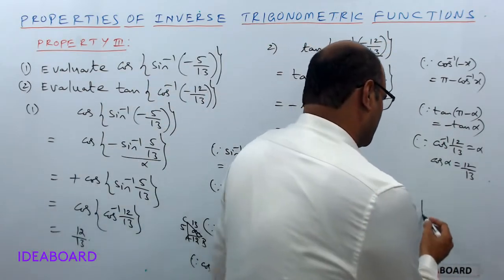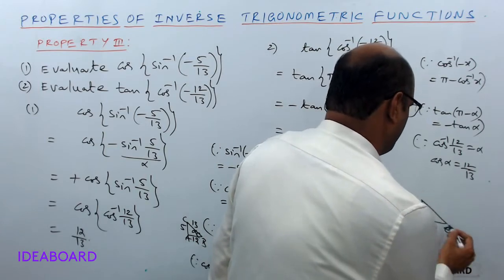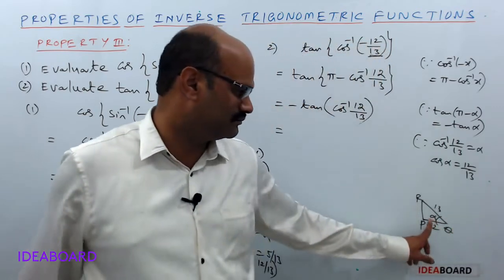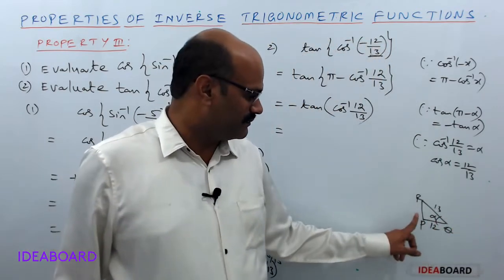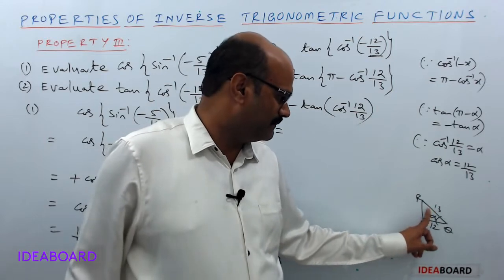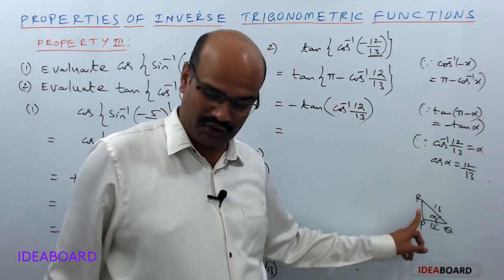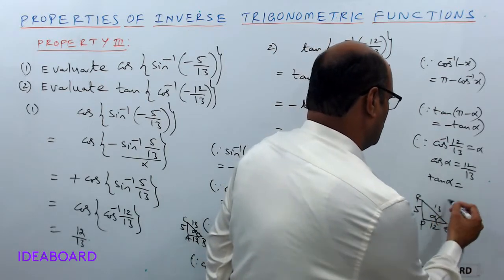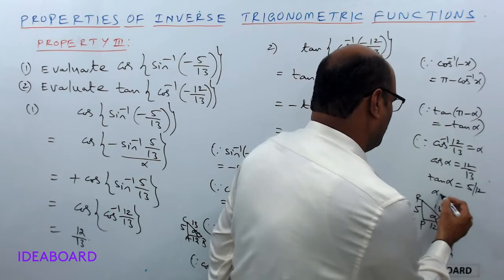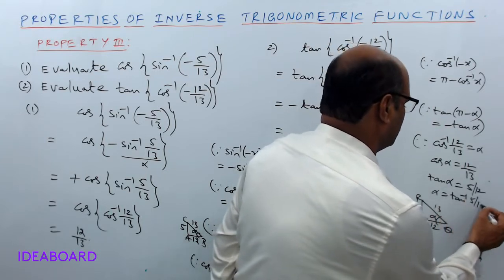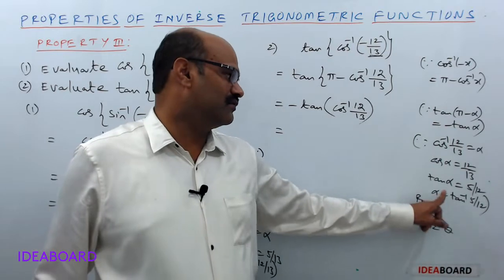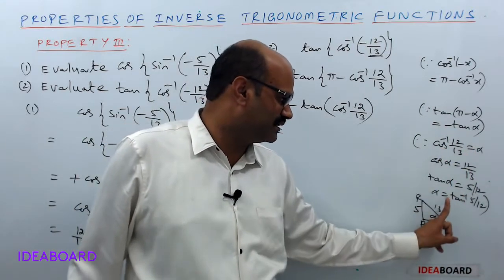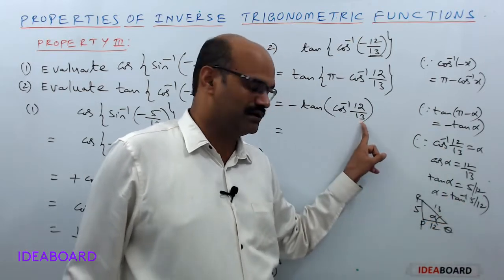Now take a right angle triangle PQR with cos alpha equal to 12 by 13. Then from the right angle triangle, we get length of PR equal to 5. Therefore tan alpha equal to 5 by 12, alpha equal to tan inverse of 5 by 12. But alpha equal to cos inverse of 12 by 13, so cos inverse of 12 by 13 equal to tan inverse of 5 by 12.